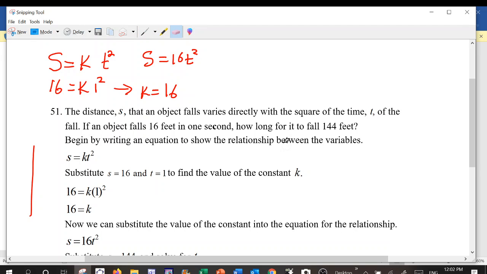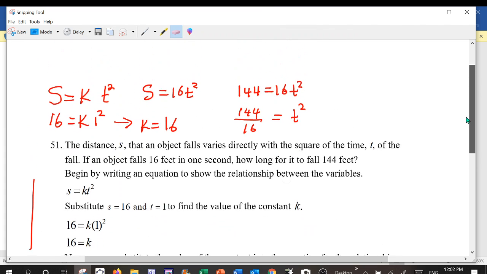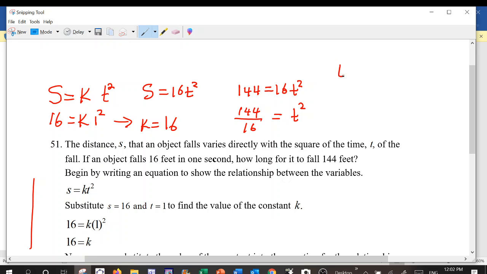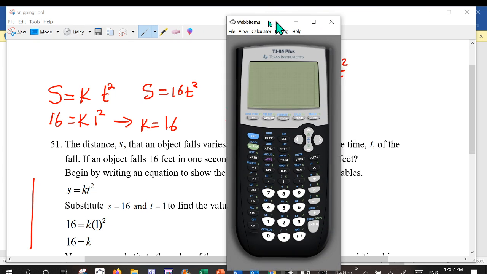Now, how long for it to fall 144? Well, we put 144 for s and find what t is. So t squared is 144 divided by 16, and then take the square root.